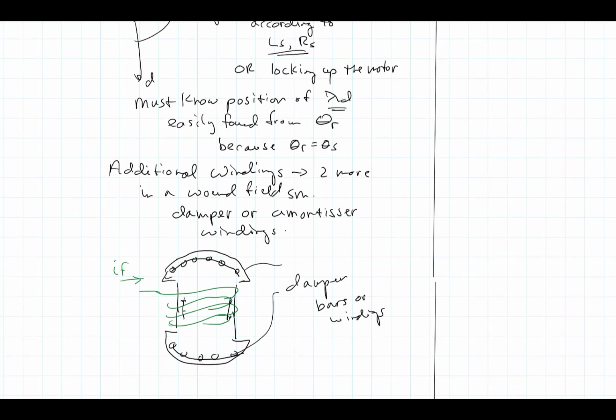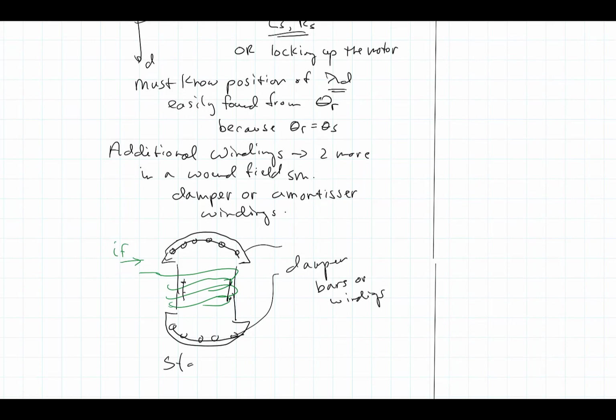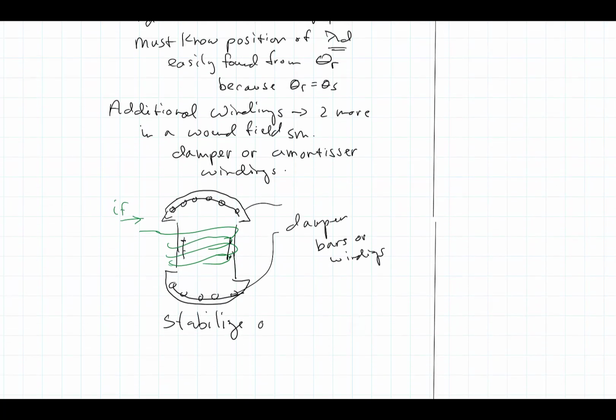These would stabilize and allow a line start of a synchronous motor without a drive. That's what they had to do back in the day before power electronics. So if you see something in the book and you're wondering about that, that's what they're talking about.